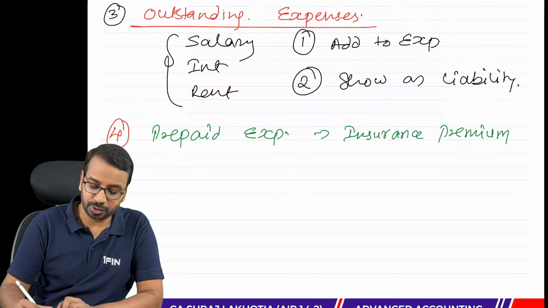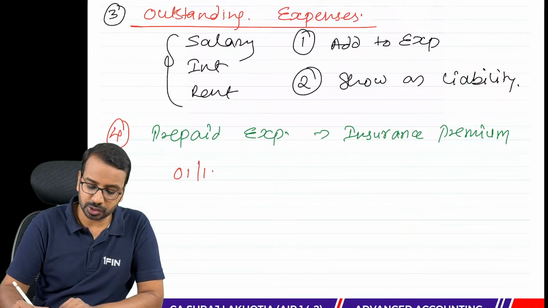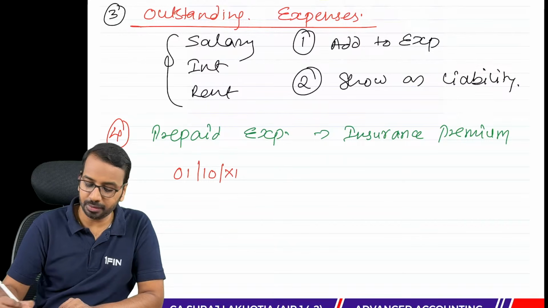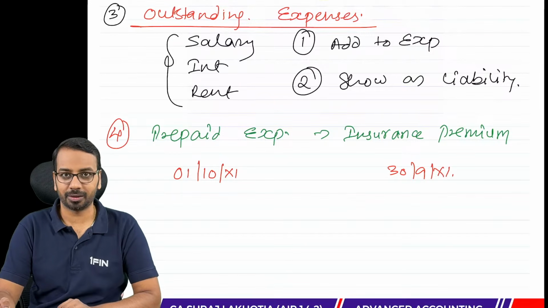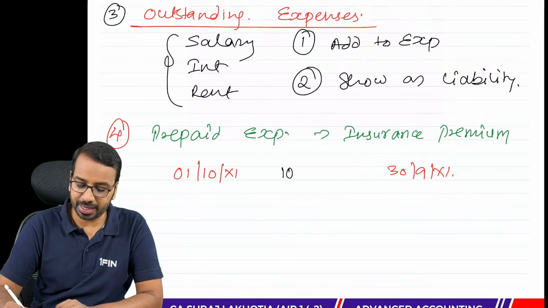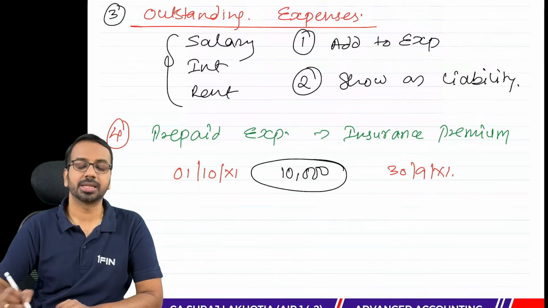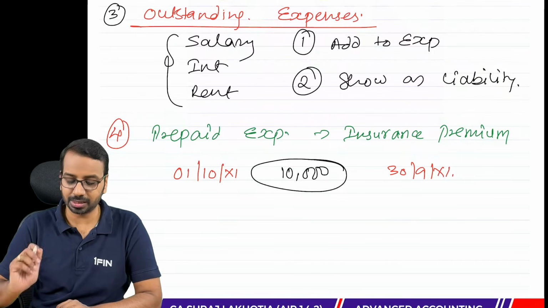So let us say we took an insurance policy on 1st of October of year 1 and this expires on 30th of September of year 2. Okay. And we have paid 10,000 for this insurance premium. Okay, that is the premium.